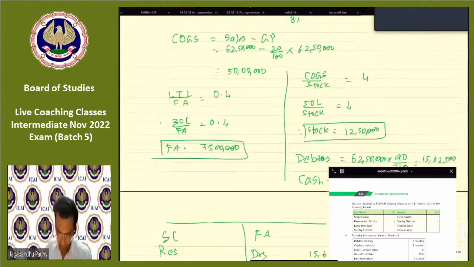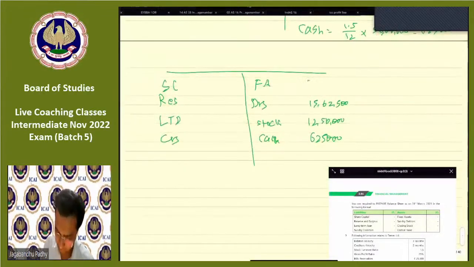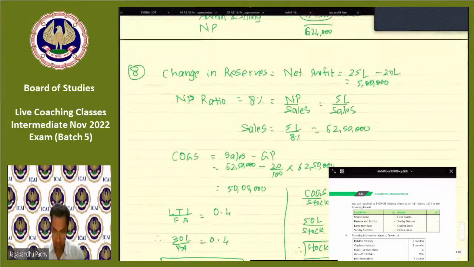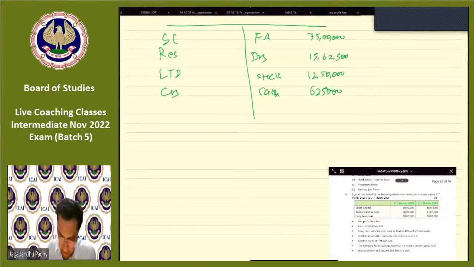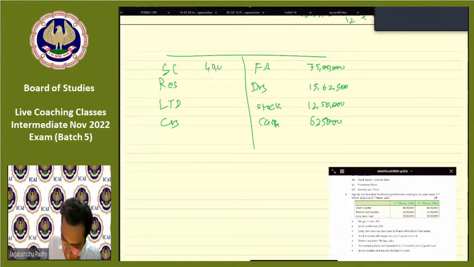Fixed assets we have computed as 75 lakh. Share capital and reserves are already given in the question. Share capital is 40 lakh. Reserves is 25 lakhs.